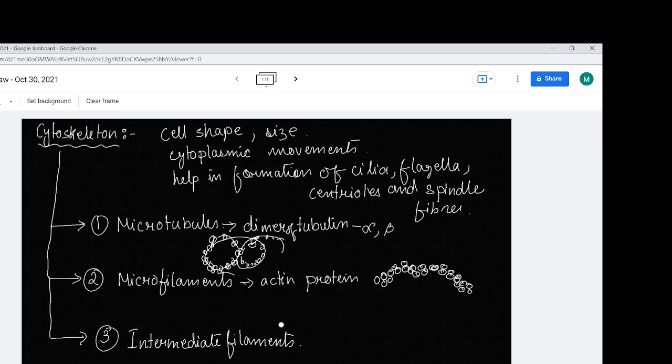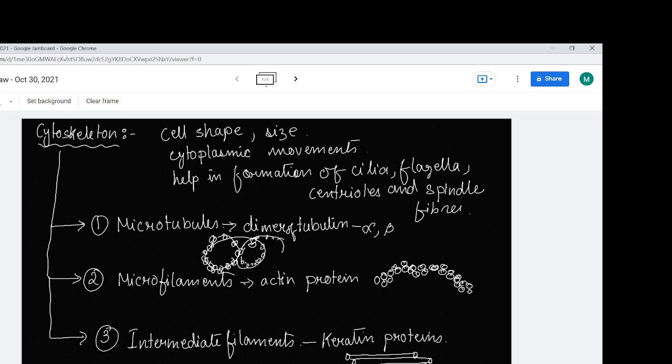And the last one is the intermediate filament, which is formed of bundles of keratin fibers. Keratin fibers or proteins. How do they look like? They will be present in the form of small, cylindrical, long, thread-like structures, and they will be always present in the form of bundles like this.